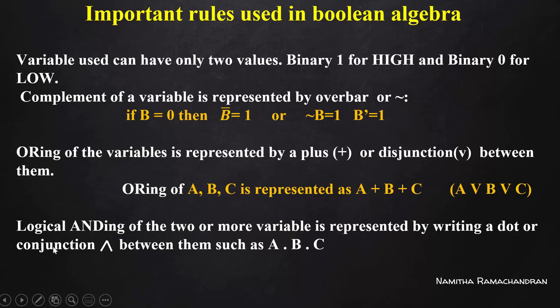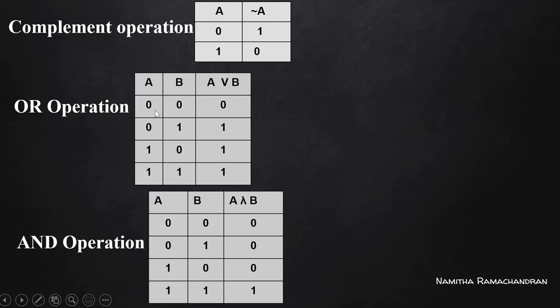Next, another operation is the logical ANDing operation. ANDing of two or more variables is represented by writing a dot. We can use the dot or this conjunction symbol for representing logical AND of Boolean variables. We can represent it like this, A and B and C, or use the conjunction symbol instead of the dot.